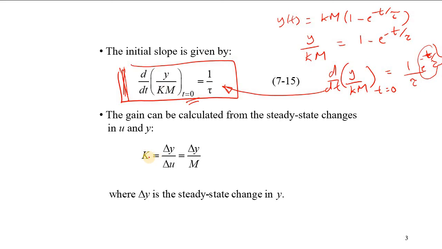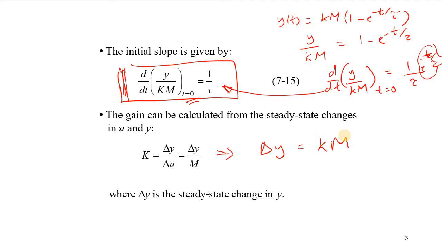We already know the value of k. K is delta y over delta u, which is the change of output over the change of input, where the step input is m. In this case, delta y is equal to km.